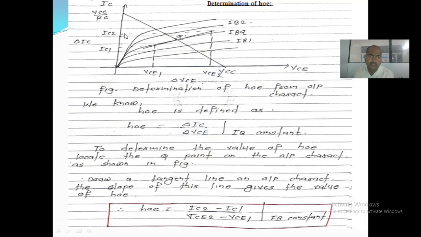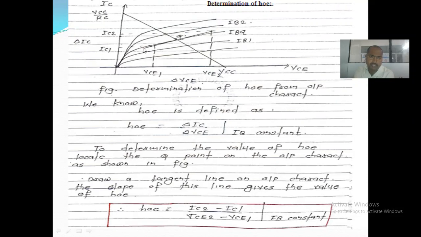So we draw a line on this Q point, right? This is the IC2 point, and the other point should be related to the VC line, up to the VC line. Means we have to plot the graph of IC2 with respect to the line towards the IBQ point.